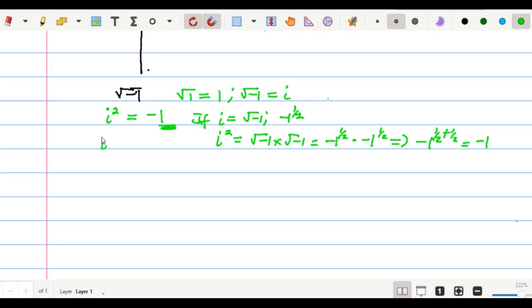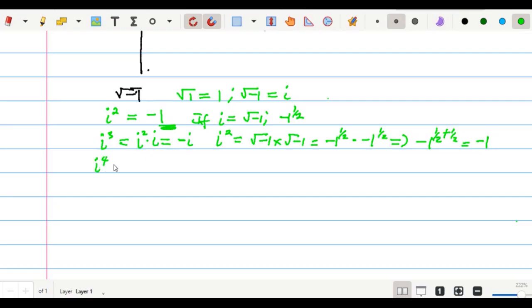Let's look at i raised to the power of 3. What will i cubed be? Since we have i squared to be minus 1, i squared multiplying i gives minus 1 times i, which is minus i.